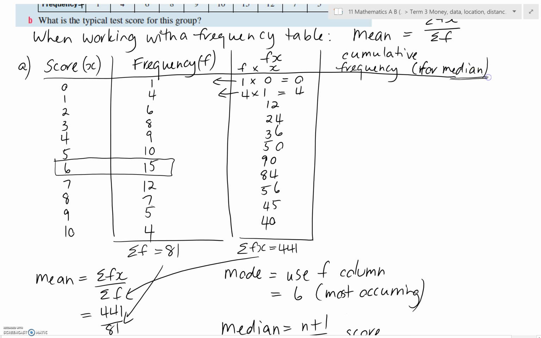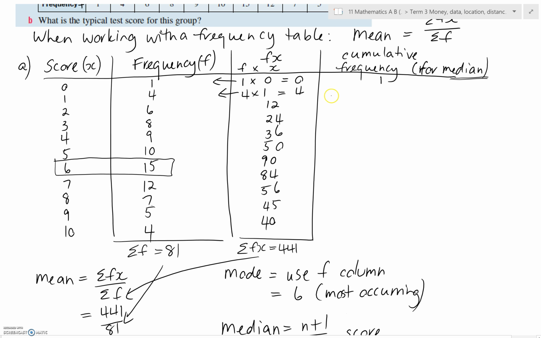So reminder that cumulative frequency is one total added to the next to the next. So 1 is our first one. Frequency of the first one is 1, cumulative frequency of the first one is 1. So they're connected together. So it's frequency plus the next frequency, total frequency plus the next frequency.